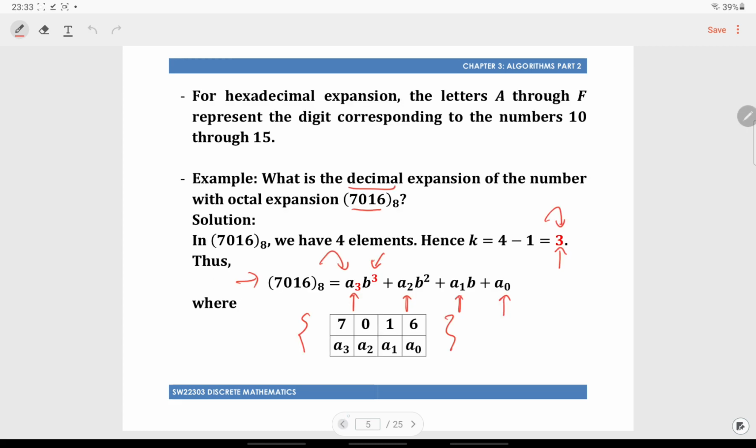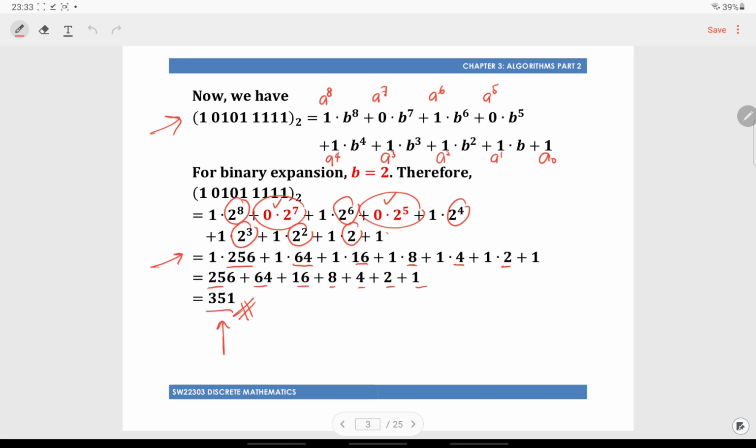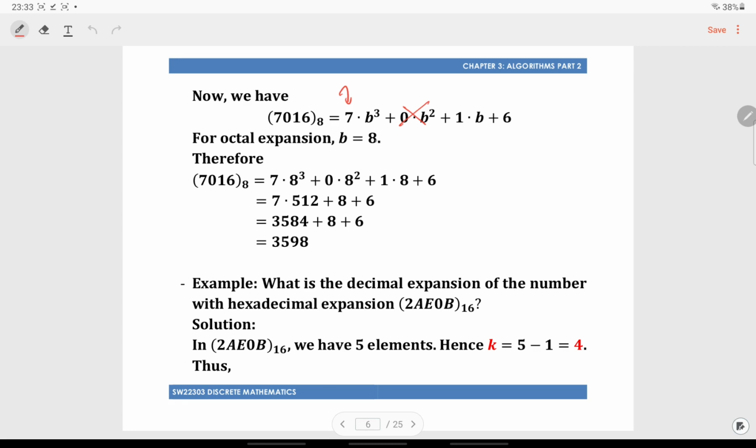For binary, the value for b equals 2, right? So in binary we substitute b equal to 2, and for octal we substitute b equal to 8. So we substitute 8 here and 8 here, and we have this equation.